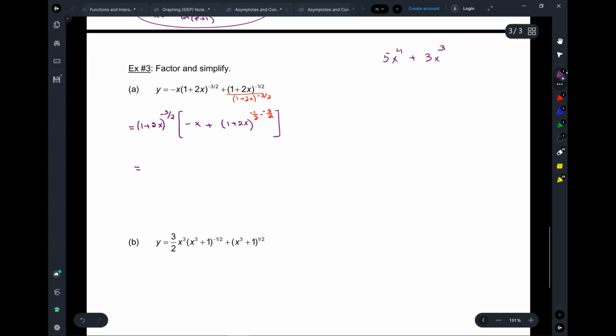First of all, it has a negative exponent, which we never want. So it's going to be 1 over (1 plus 2x) to the 3 over 2, times negative x plus (1 plus 2x) to the 1. Then we can simplify further, because it'll be negative x plus 1 plus 2x over this.